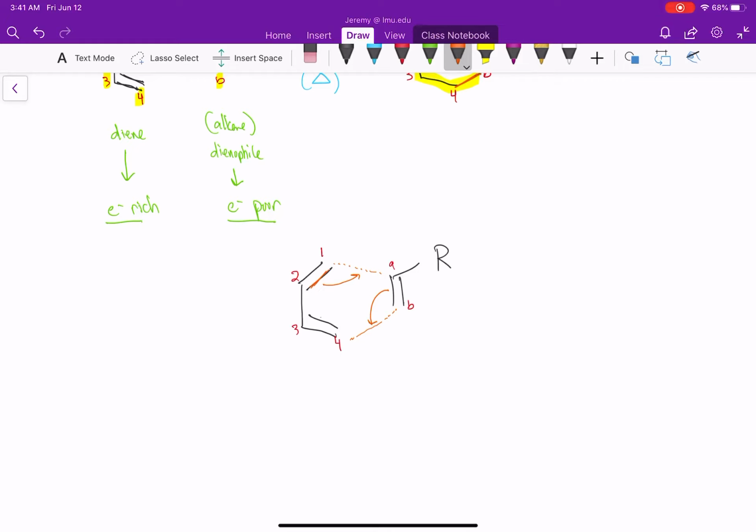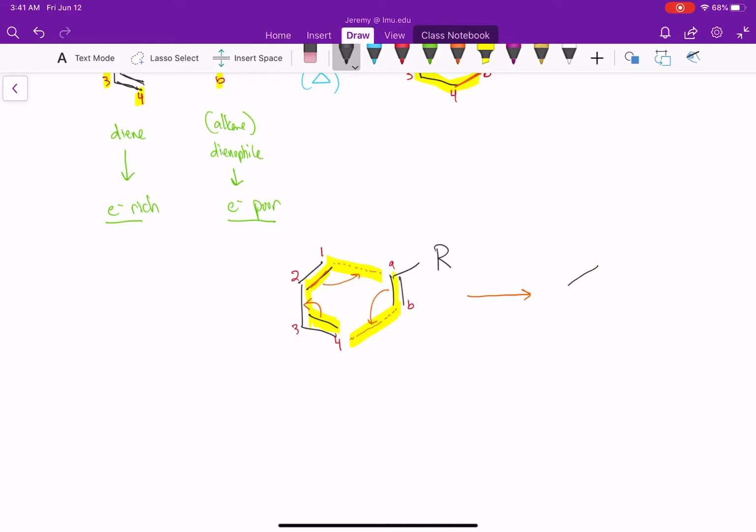And then the double bond between 3 and 4 moves to become between 2 and 3. You can draw your arrows in a clockwise or counterclockwise fashion. It doesn't matter.